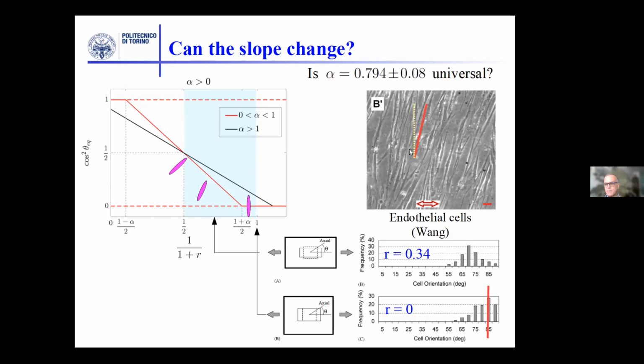So it seems, but this is my explanation, because one in words says that the orientation is perpendicular, that is nearly perpendicular. So it might be that it's this point here. So this case, if we investigate it more in detail, might say that for fibroblasts, you have a slope that is 0.8, and for endothelial cells, it's a little bit larger.